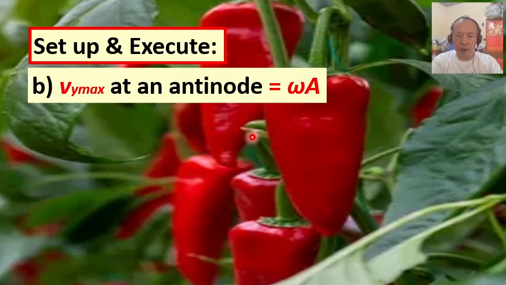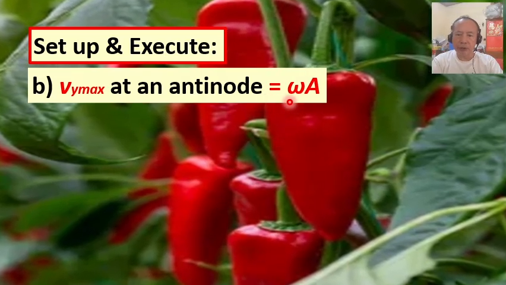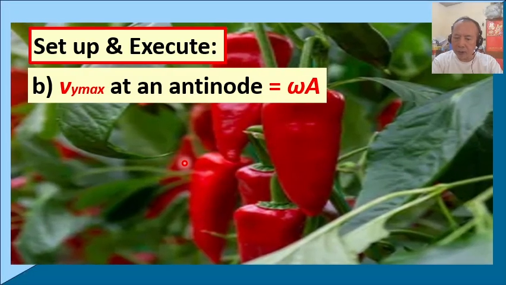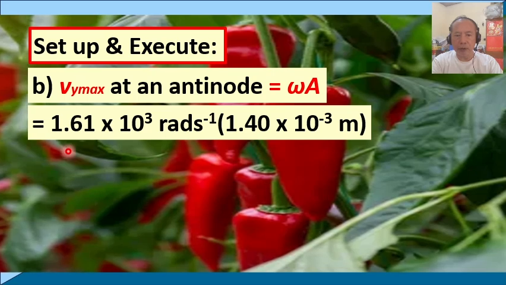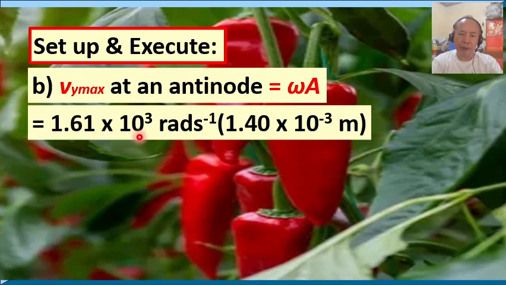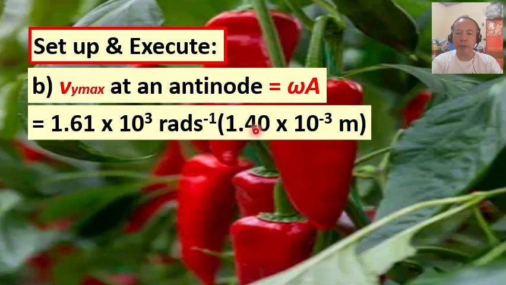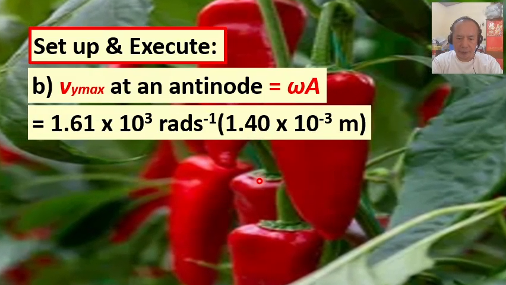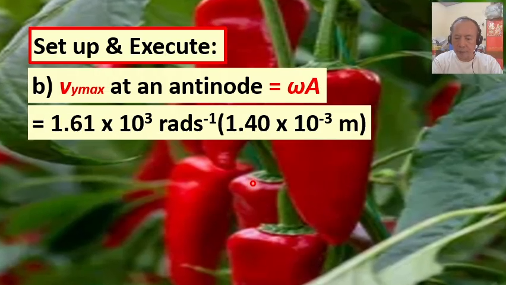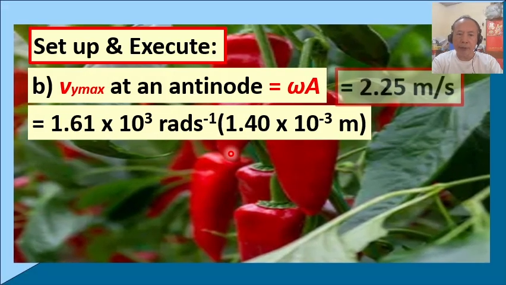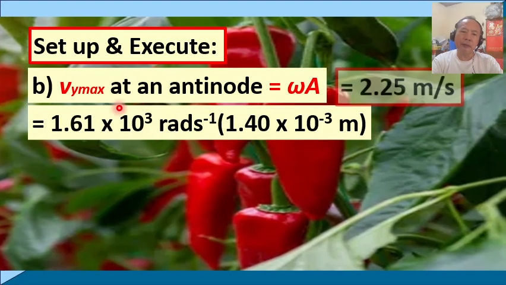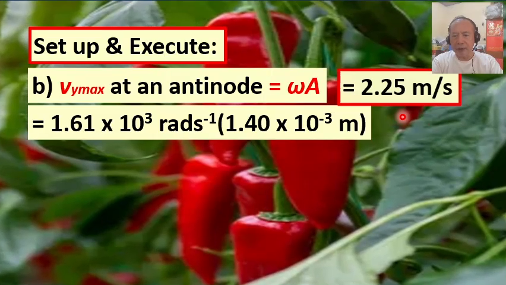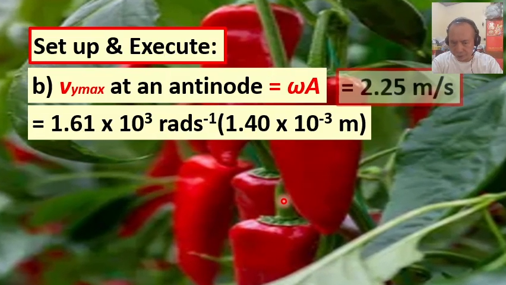So substituting into this equation the values for omega and capital A, we get Vy max equal to 1.61 times 10 to the third power radian per second times 1.40 times 10 raised to the negative 3 power meter. So doing our math, we get the value of the transverse velocity, or Vy max, equal to 2.25 meters per second rounded to 3 significant figures.